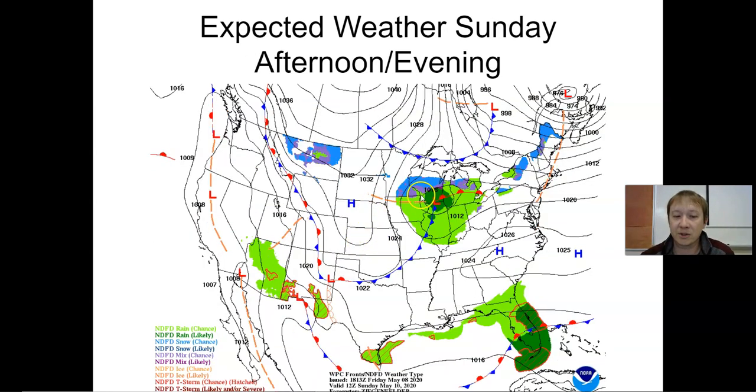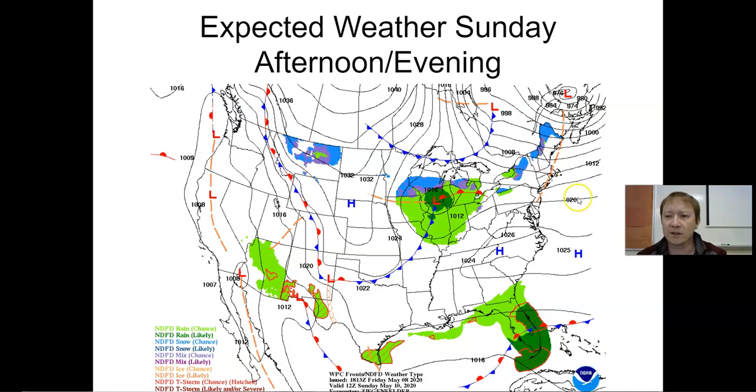As it continues to push through into Sunday evening, it's going to be moving to the southeast. We actually have a chance for some light snow and rain on Sunday evening, and hopefully into Monday, the weather should start to shape up, and it looks like Monday and Tuesday should be nice.